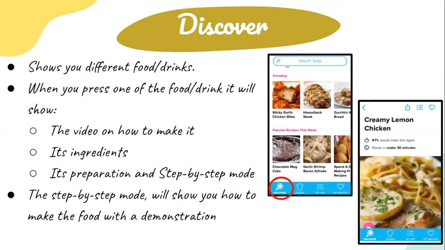When you press on one of the foods or drinks, it will show you the video on how to make it, the ingredients, its preparation, and step-by-step mode. The step-by-step mode will show you how to make the food with demonstration. So as you can see, it's circled in red at the bottom.